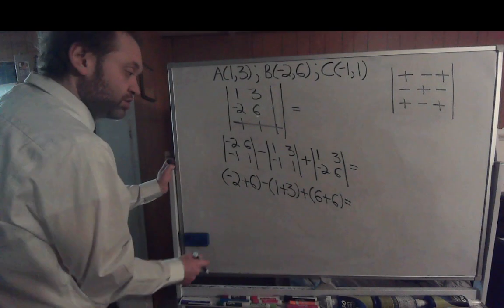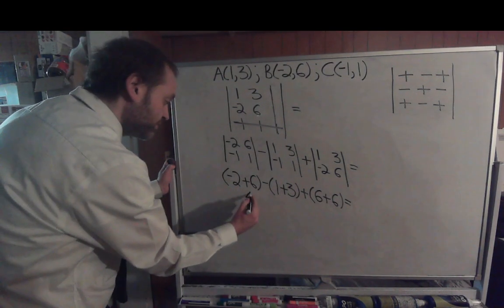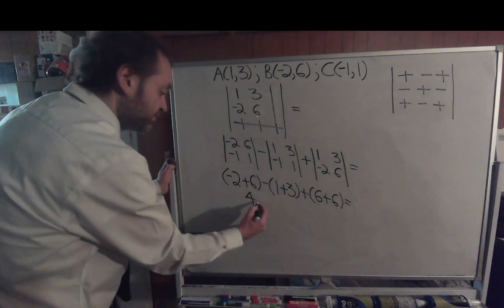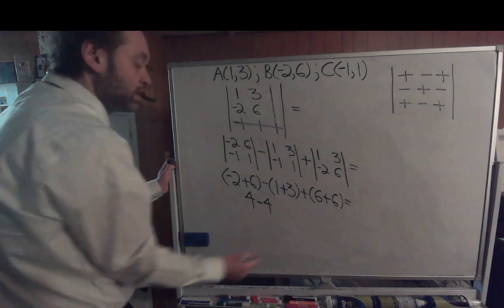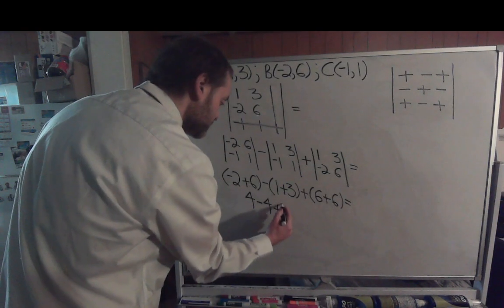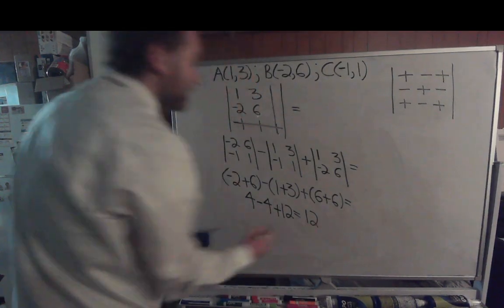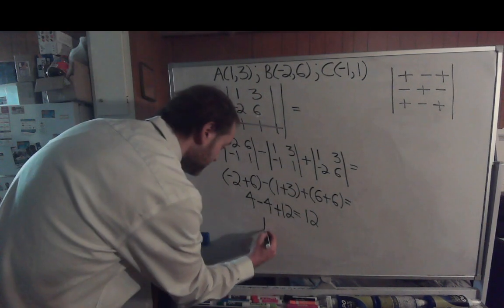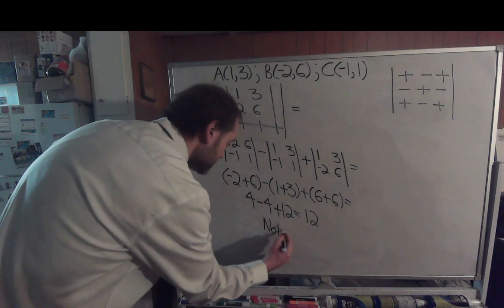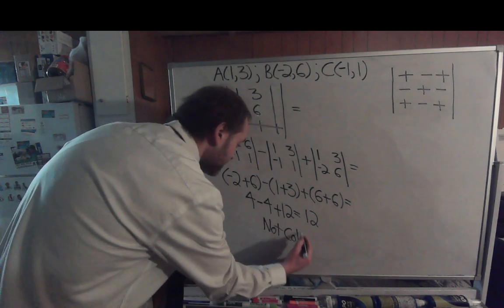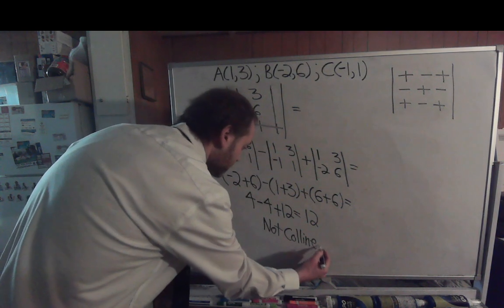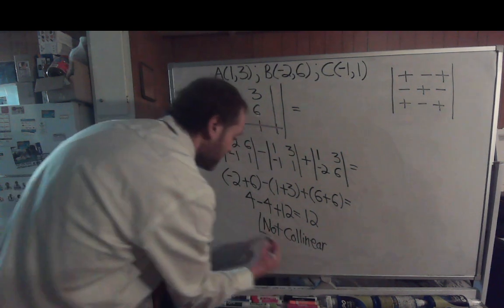So -2 plus 6 is what? Positive 4. 1 plus 3 is 4, so this will be minus 4. Then you have 6 plus 6, which is 12, which ends up giving you a determinant value of 12, meaning these are not collinear points. Because the determinant doesn't equal 0, these 3 points are not collinear.